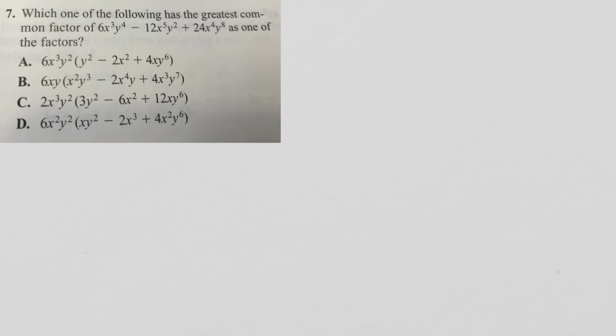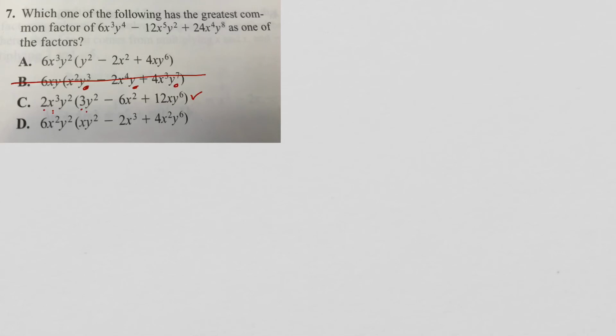I think the instructions on this problem are really difficult to understand. But what this problem is trying to get you to see is that this could not be the answer because the GCF did not come out. In other words, there's a y here and a y here and a y here. So this one looks like it's completely factored, but when we multiply it in, 2 times 3 is 6. That works. But x to the third, this first term works.